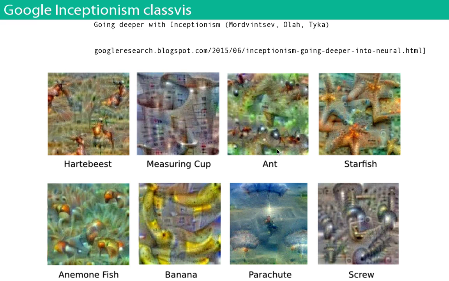So these are synthetic images that were produced in order to maximize the response of the neuron measuring this. For example, the banana one is really obvious. If you fed this image to a convolutional neural network, it would go bananas for banana, basically. And this one would be for screws and starfish and ants and things like that.